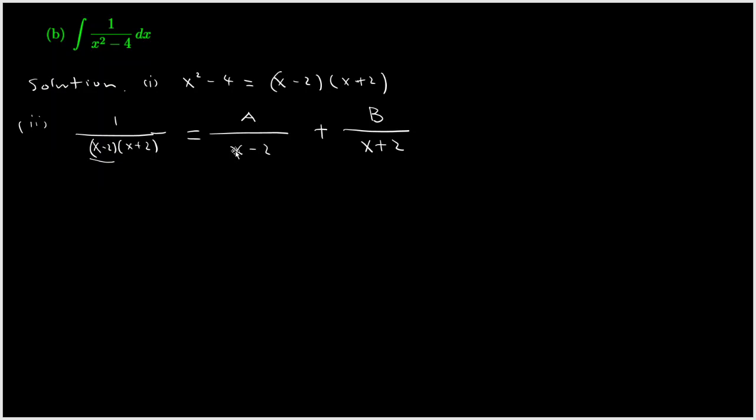In terms of integration, the right-hand side is much easier as long as we can determine the constants. Now, our job in the next step is to determine the constants. In step 3, we're going to determine the numbers.